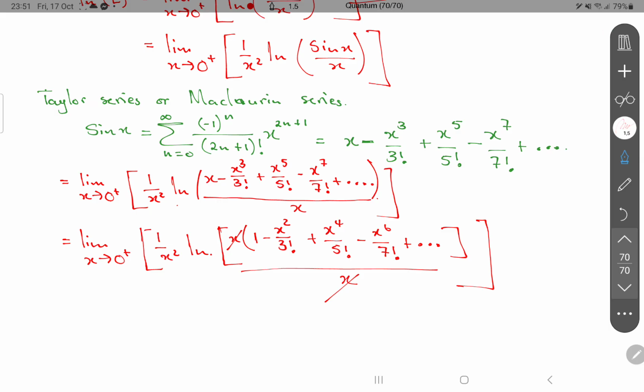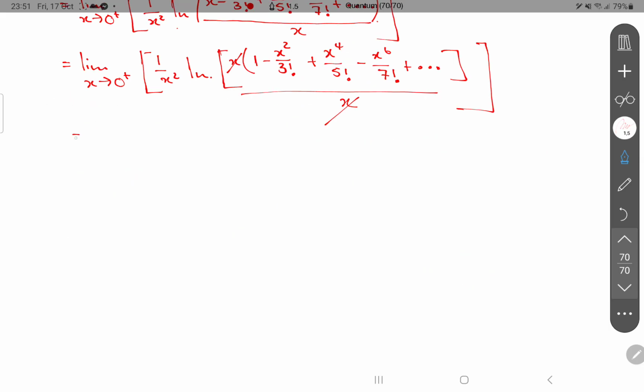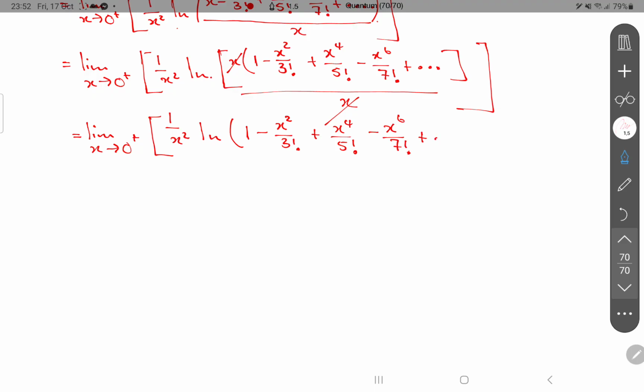So finally we have the limit as x approaches 0 of 1 over x squared, the natural logarithm of 1 minus x squared over 3 factorial plus x to the power 4 over 5 factorial minus x to the power 6 over 7 factorial plus on and on.